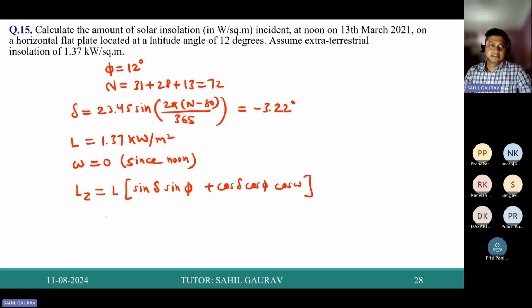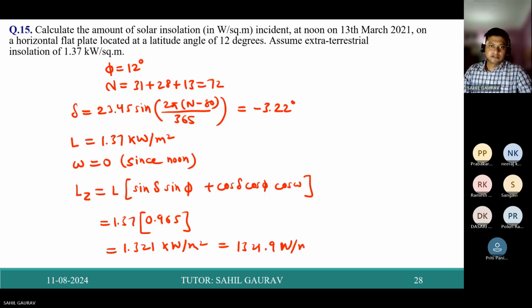So we will get this LZ equal to 1.37, and if you put all these values, you will get inside 0.965. So it is 1.321 kilowatt per meter square. In watt per meter square, 1321 watt per meter square.